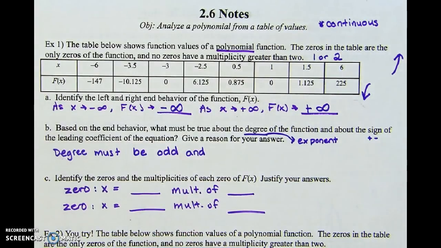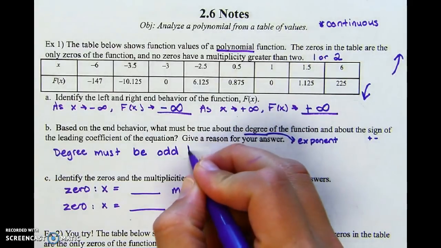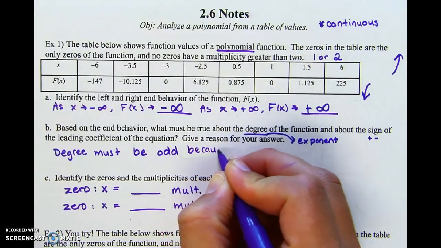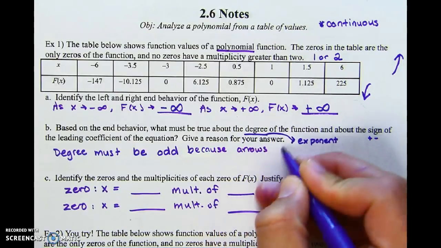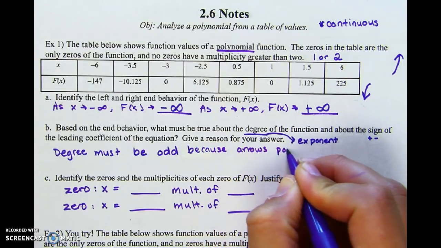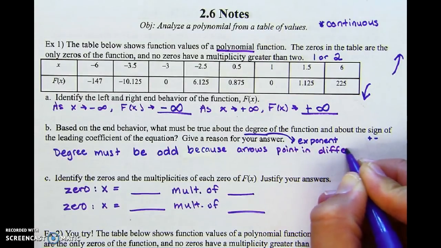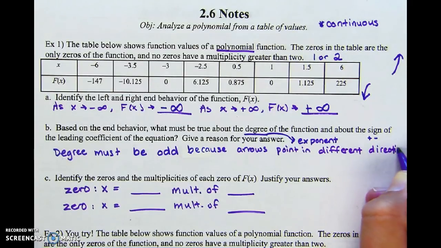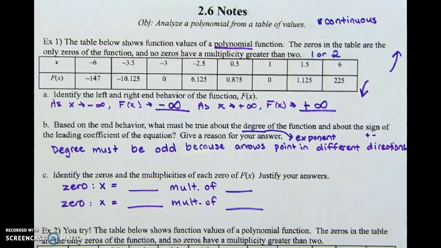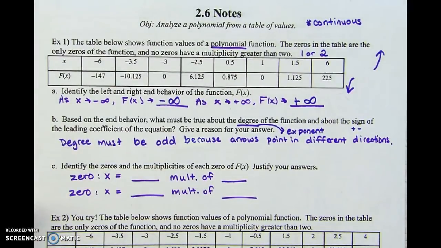I'm going to erase for a minute if I can find my whiteout. Here we go. Degree must be odd because arrows point in different directions. And is the degree, what did we say? Sorry, we said the degree is odd, positive or negative in front.